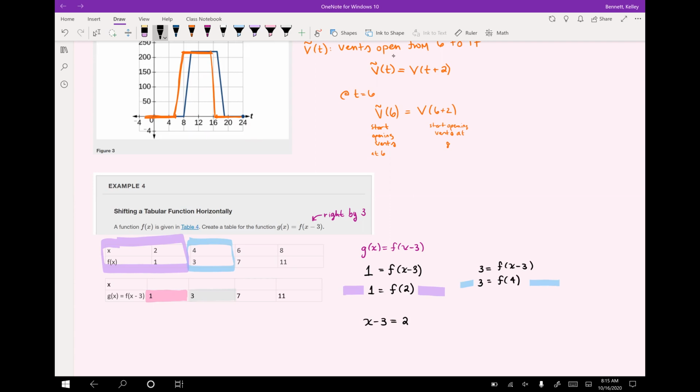So here I get that x minus 3 equals 4. So we're kind of establishing a pattern here. Notice that in order to solve for x, I'm going to add 3. So here I get that x equals 5, and then the next one I get that x equals 7. And so I'm on my way. I don't need to do the other two because I know now that I'm just adding 3 to x.